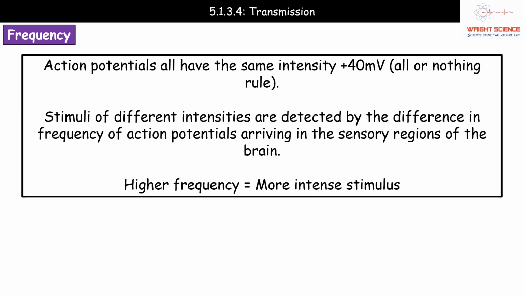Because we can't make the action potential bigger, since they're all plus 40 millivolts. If you can't increase the size of it, you have to increase the frequency. So by changing the frequency of action potentials that arrive in the brain, that's our way of interpreting the actual strength of the stimulus. The more frequent the action potential, the more intense that stimulus is.